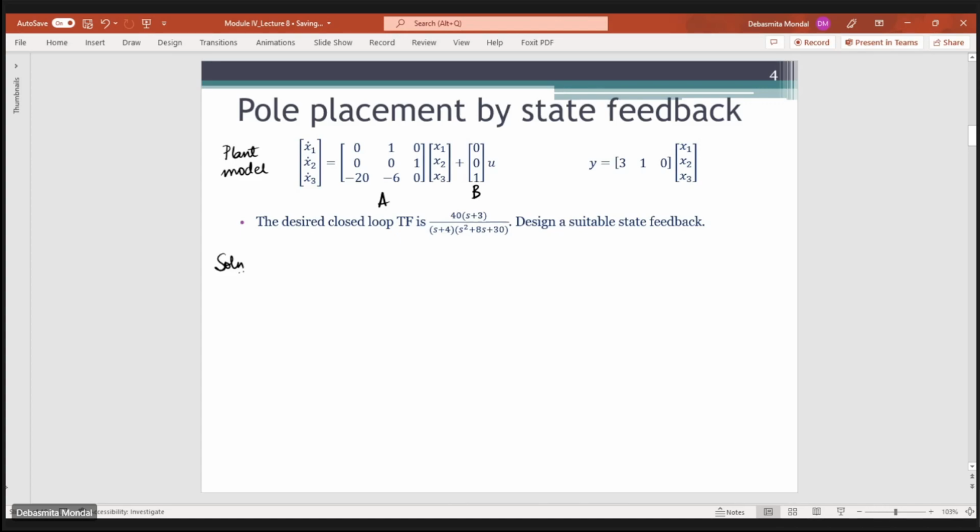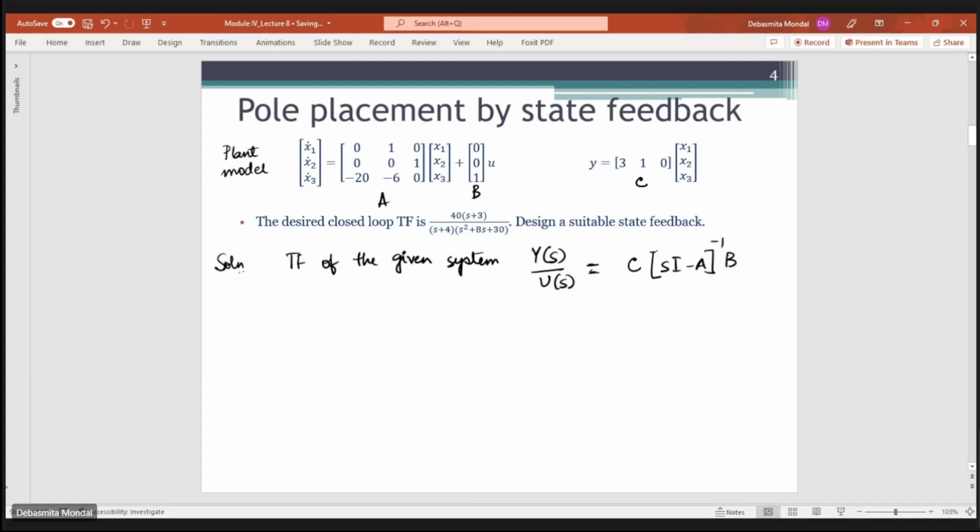So from this equation, you can write that the transfer function of the given system, that is the plant model, if it is Y(s) by U(s), is given by C (sI minus A) inverse B. This is the equation that we saw in almost the first or second class when we started discussing state space variables.